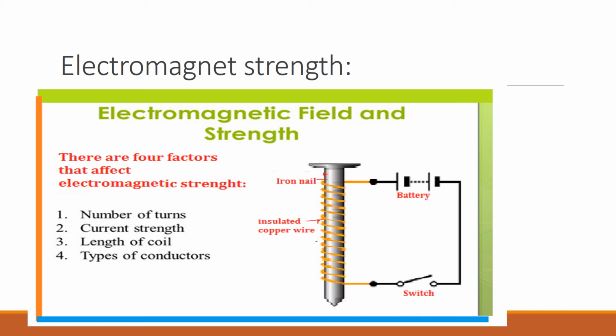Sometimes we use a straight conductor to form an electromagnet, and sometimes we use a U-shaped conductor. So the shape of the core of the conductor will determine the strength of an electromagnet. Now let us see these four points individually in the next episode.